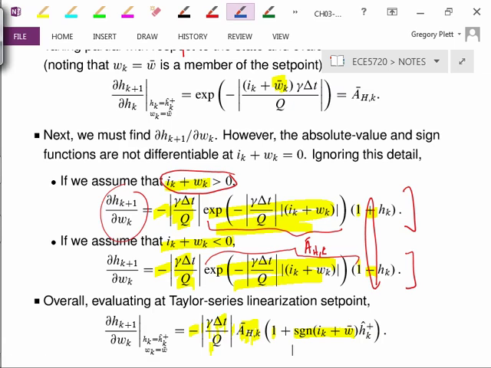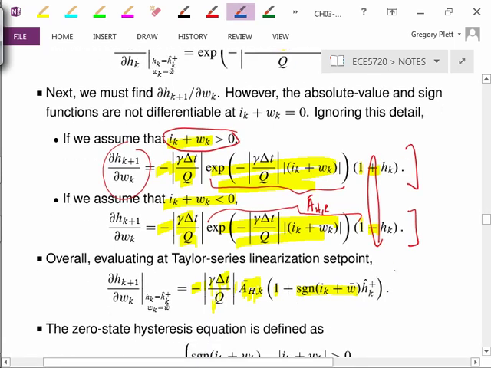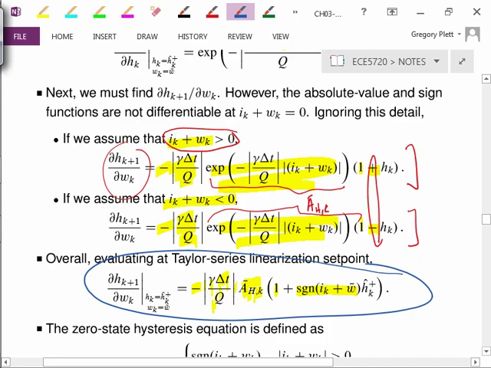So this is a design decision because mathematically I can't implement a derivative, but this here is an approximate derivative. It's true when the sign of I plus W bar is not 0, but when the sign of I plus W bar is 0, we're approximating by this.